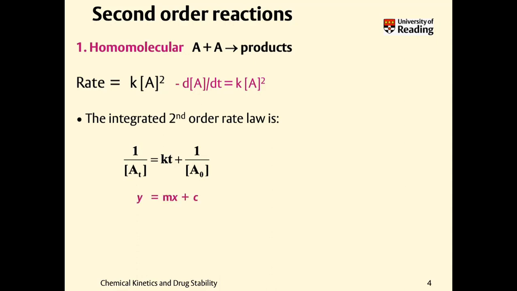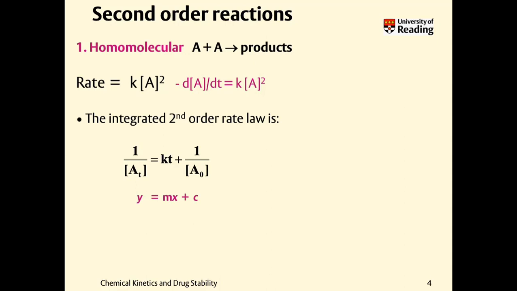And this is useful because we now have an equation that is in the form of y equals mx plus c. And that means that if we take y as 1 over our measured concentration of reactant, so 1 over [A]t, and we take x to be t, the time, then if we plot 1 over the concentration against time, we will get a straight line.